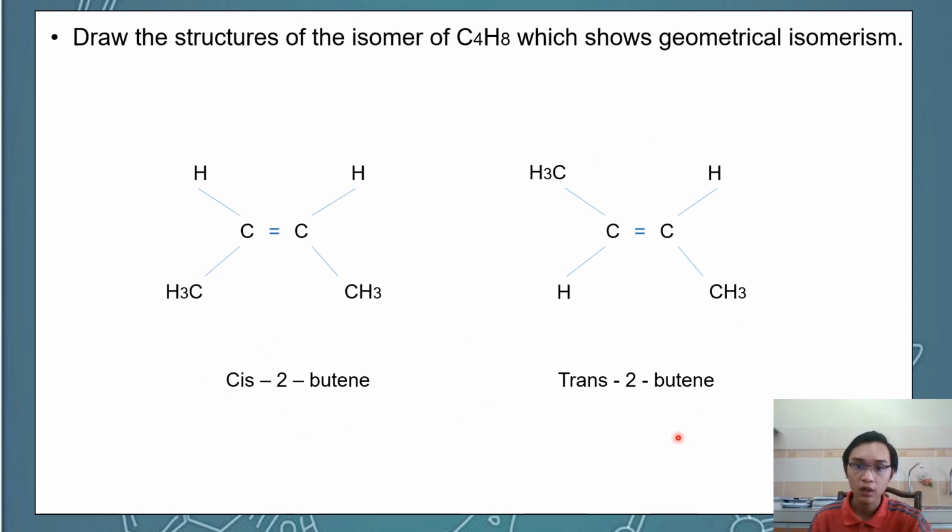The second one we have is trans. Why trans? Because here we have one alkyl group on the opposite side of the other alkyl group. When both alkyl groups are on opposite sides, we call it trans-2-butene in this question.